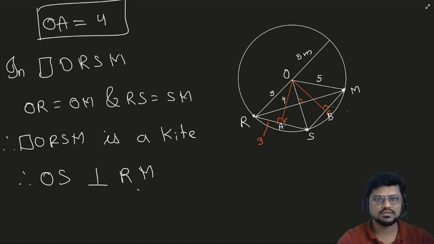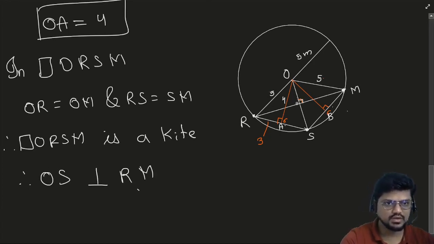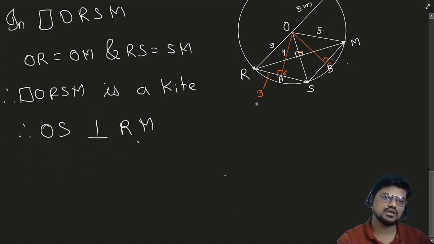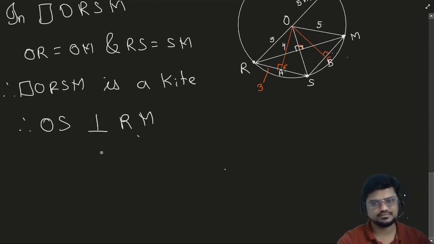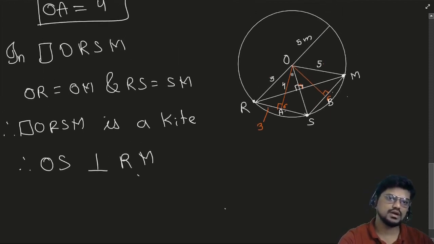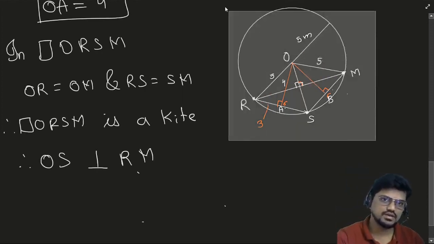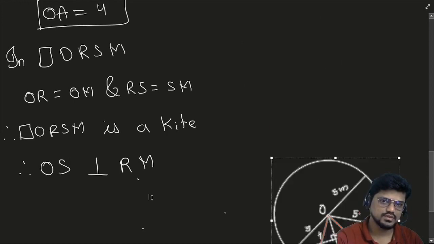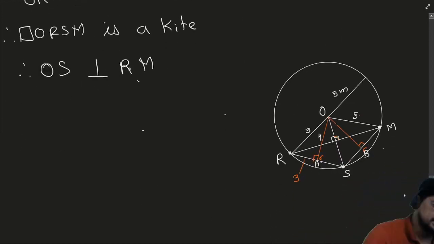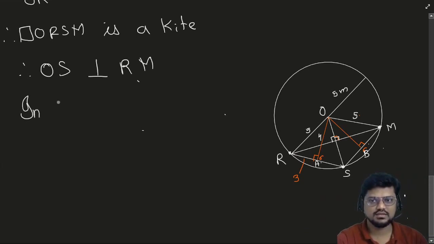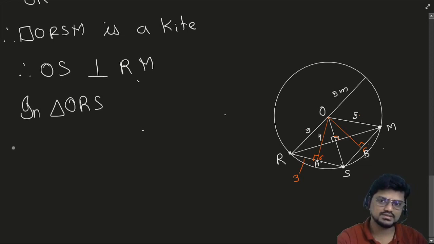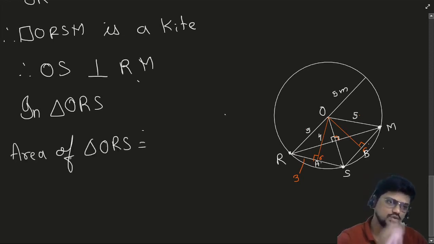Now, let us take this figure again over here. What I got, OS is perpendicular to RM. Now, in triangle ORS, area of triangle ORS is equal to half into base into height, I can write.